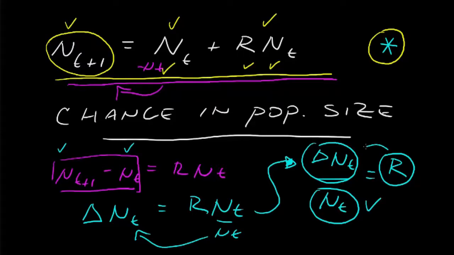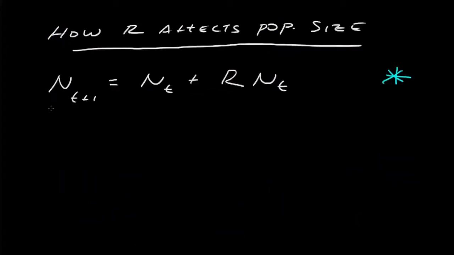And R can also be expressed as a function of our BIDE characteristics, which we saw before. Okay, so I'm going to jump back to this equation here, the one with the star. In this equation, which is a more simplified form of our original model, we are going to introduce one more term, and that's called lambda.